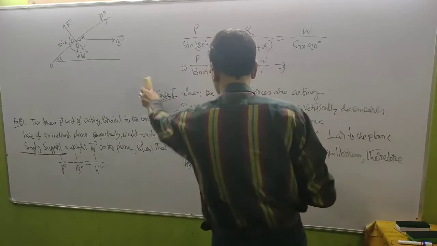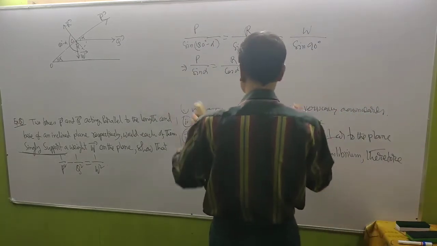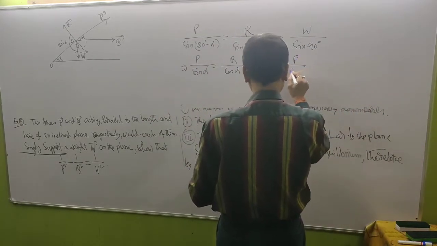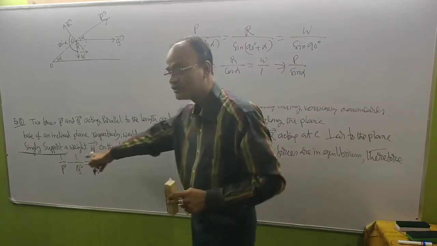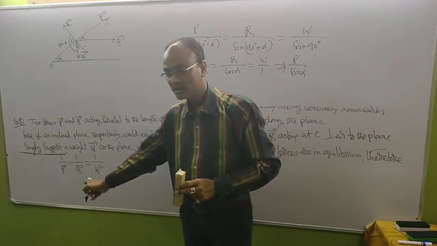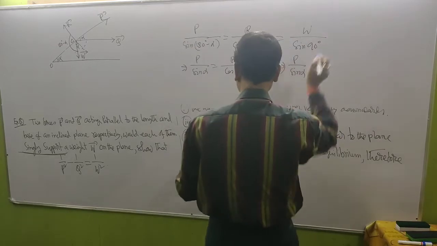This means that we have to find a relation between P and W, so R will be eliminated.